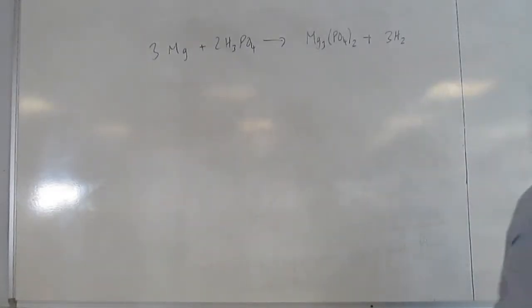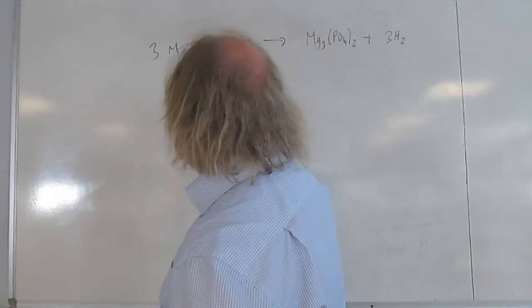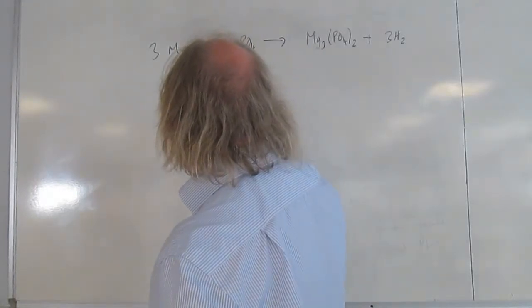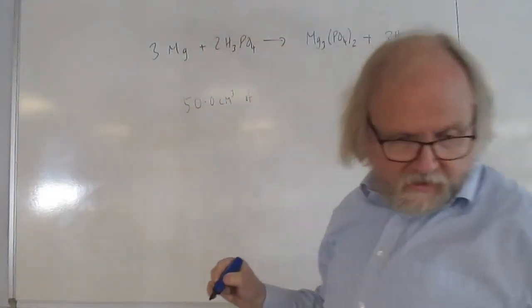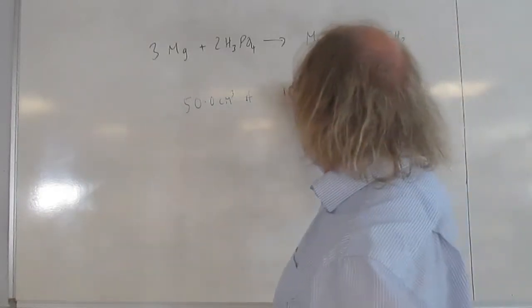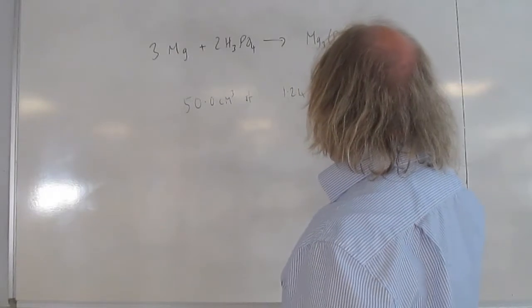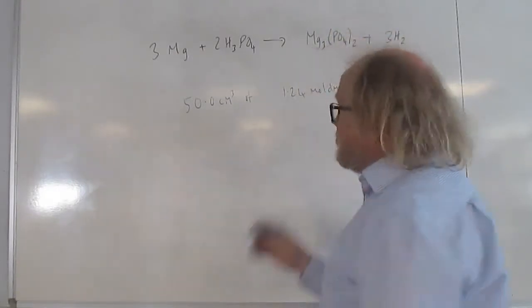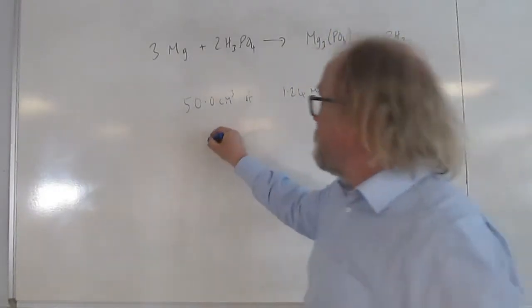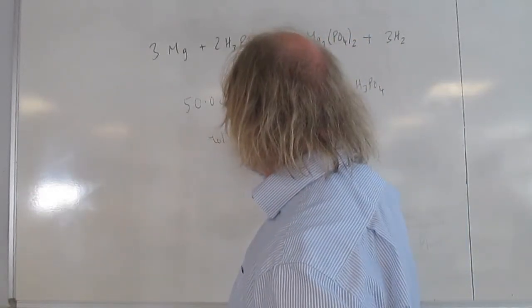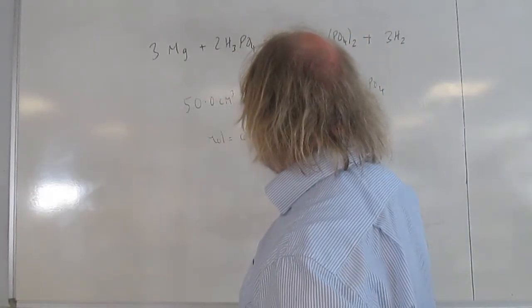So then we come to this calculation, and it wants to know the mass of magnesium that we need to react with the phosphoric acid. So the information we have got is that we've got 50.0 cm cubed of 1.24 moles per dm cubed of phosphoric acid. So the starting point, as always in any calculation, is we've got to get moles, and the recipe for that is moles equals concentration times volume in dm cubed.